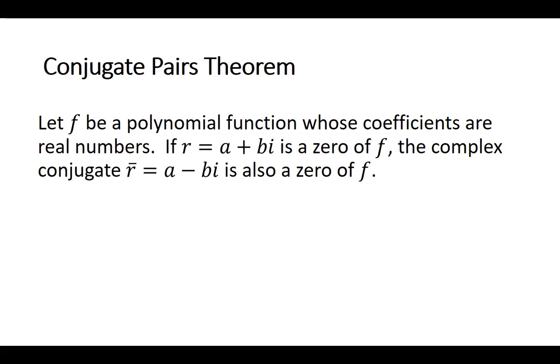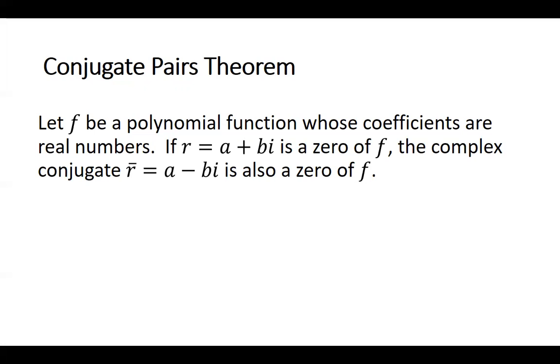Remember how I mentioned that polynomials could be broken down into factors that were either linear or irreducible quadratics. And I pointed out that if we had an odd degree, then we had to have at least one real zero, because there were these other two that worked together from that irreducible.